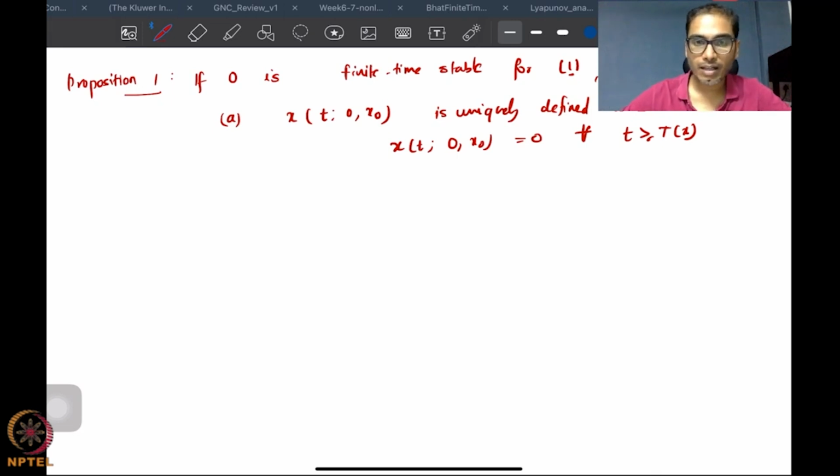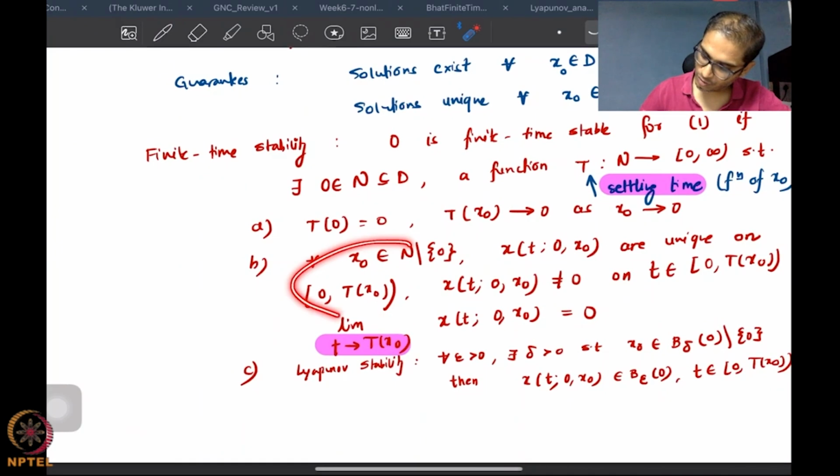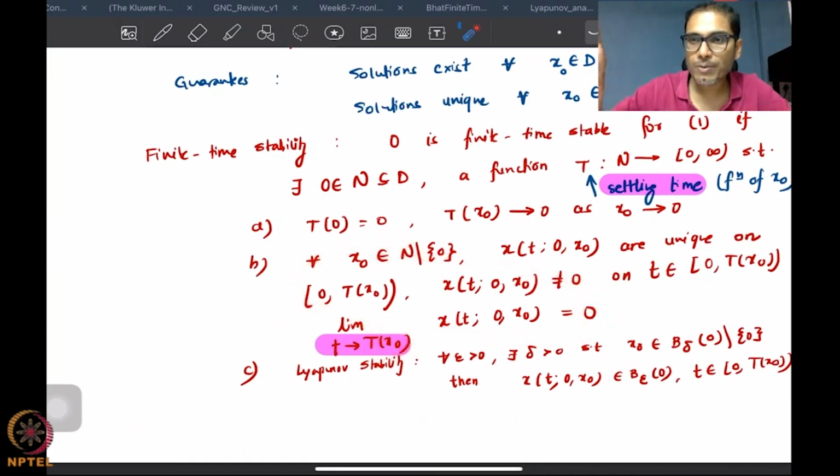Once you fix an initial condition, the solution is uniquely defined for all x0 in the neighborhood N, so you have a very uniquely defined path. The important thing to remember is that once you reach the origin in this time T(x0), what happens beyond that time?